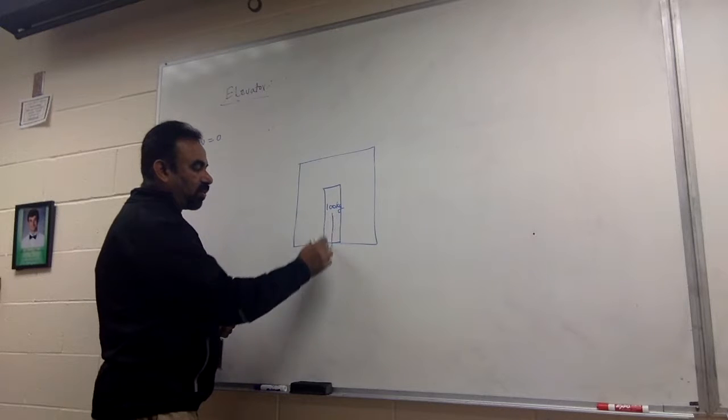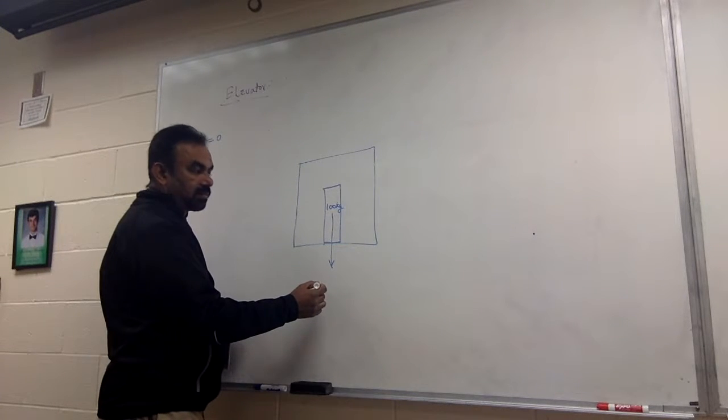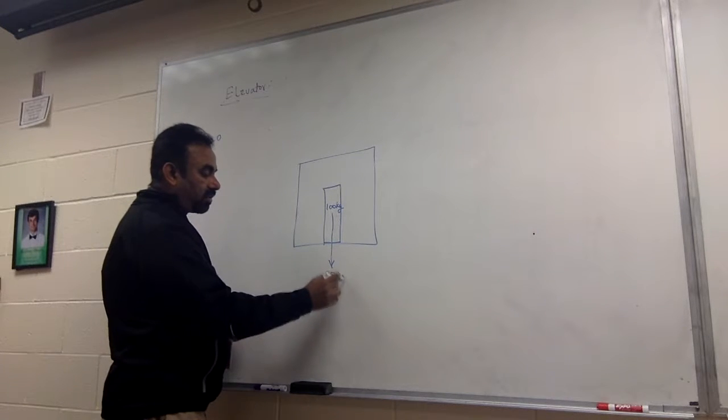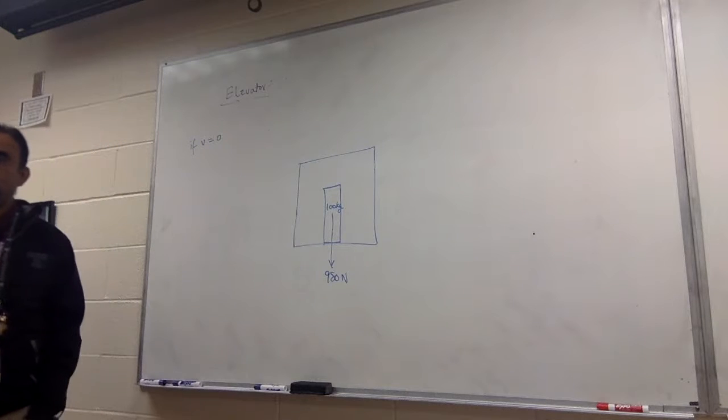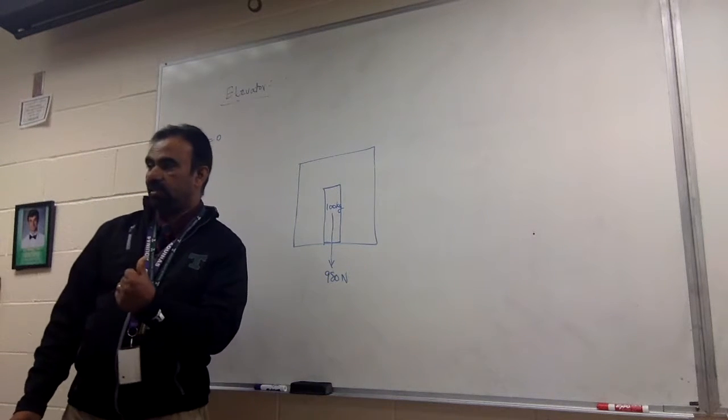What is the force downward? 9.8 times 100, 980 newtons is the weight of the person.